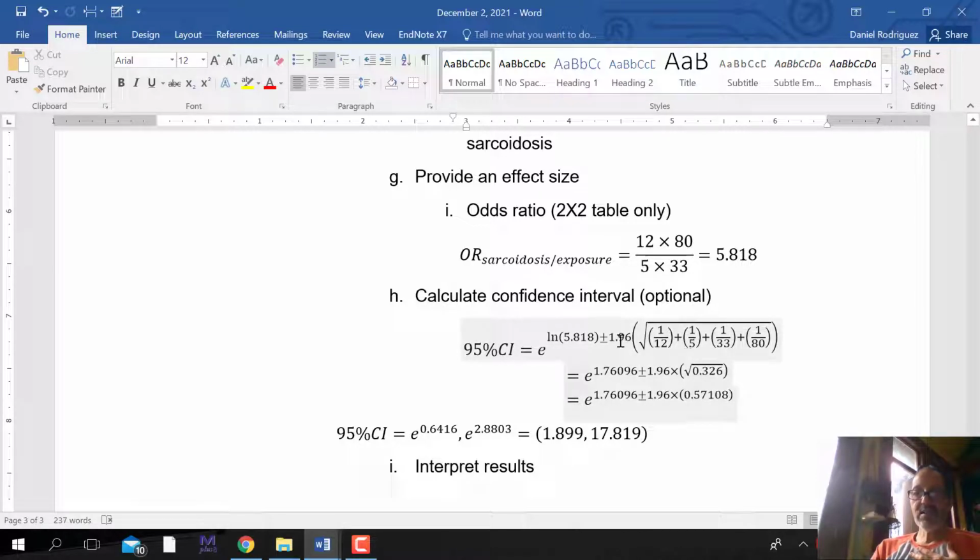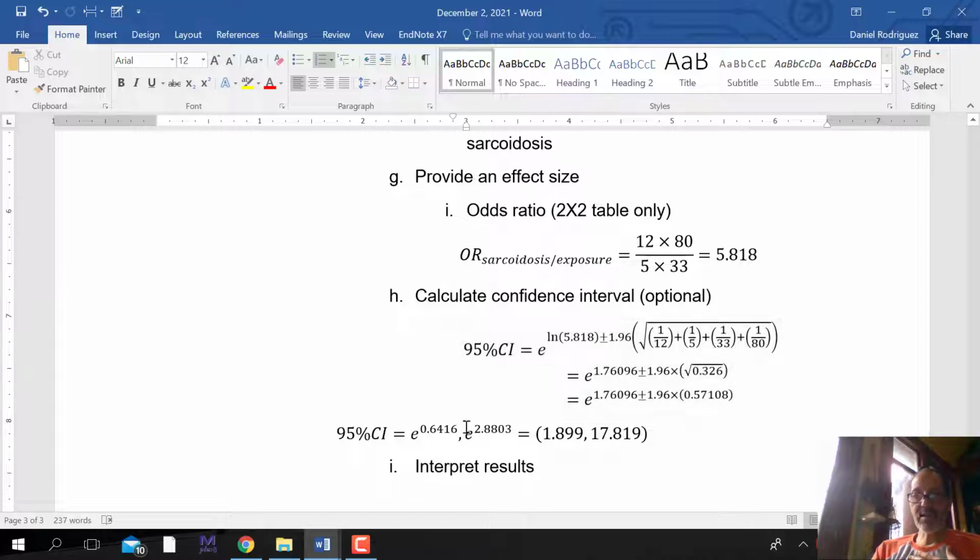So we calculate the confidence interval. The margin of error is 1.96 times the standard error, and the square root of the sum of the reciprocals of each of the cell counts is your standard error. I'm not going to go into detail here because I already did that. So we end up making this calculation here, and then we exponentiate the results.